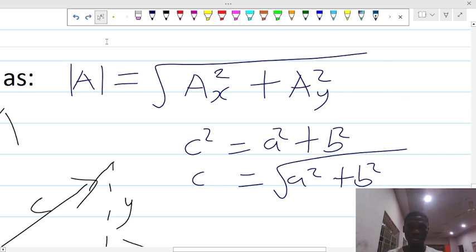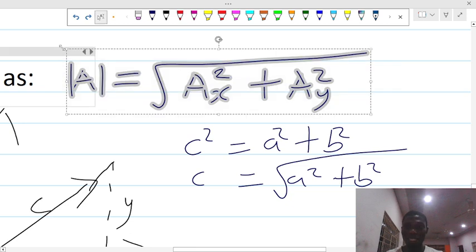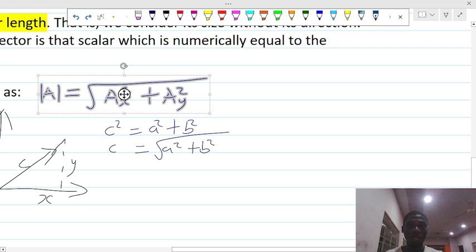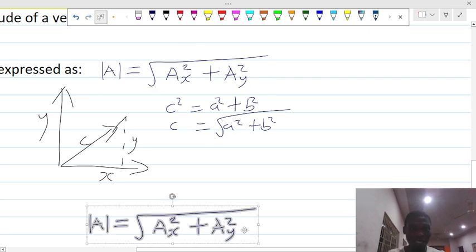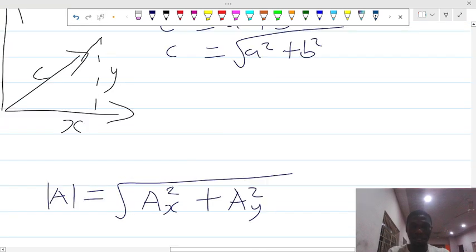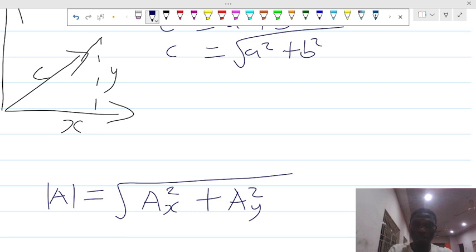We are going to have a third component, plus A in this direction squared, with the square root extended. That's just for three dimensions.